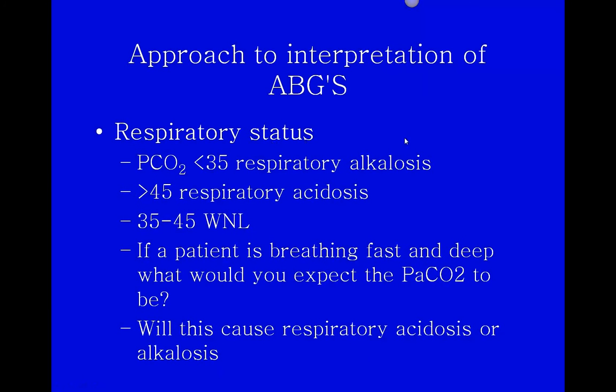The next thing we're going to look at, after we do oxygenation and pH, is the respiratory status. And the respiratory status is looking at the carbon dioxide piece. So if the CO2 is lower than normal, normal range 35 to 45, that's within normal limits. Anytime the carbon dioxide is less than 35, that will move the blood in an alkaline direction.